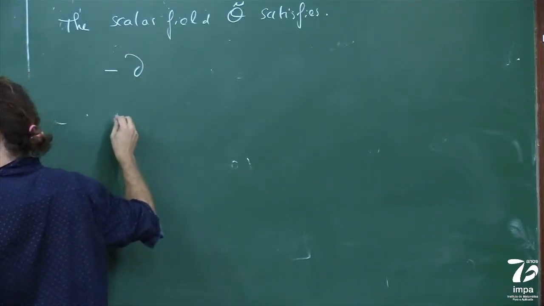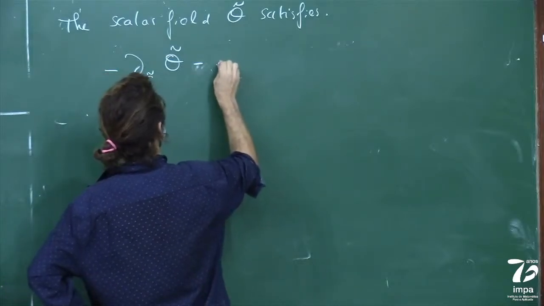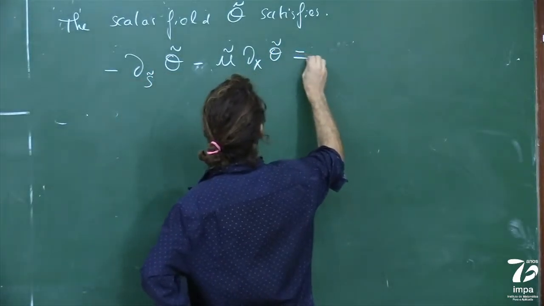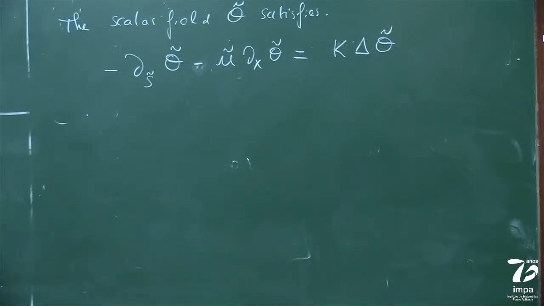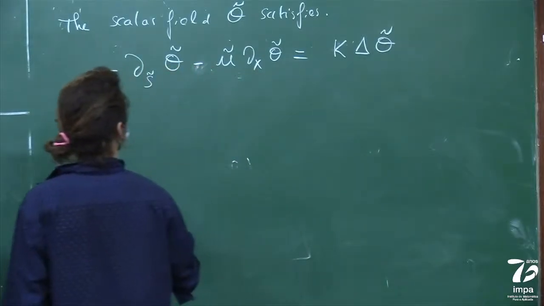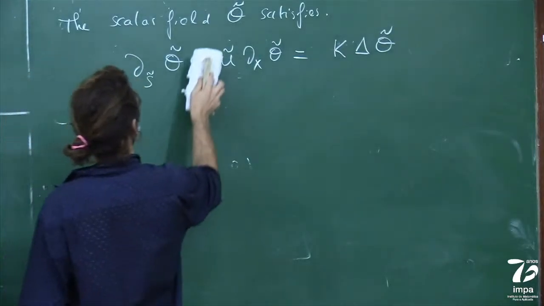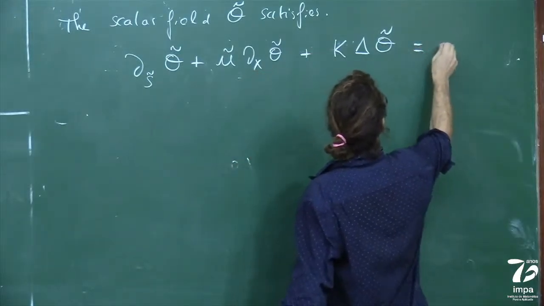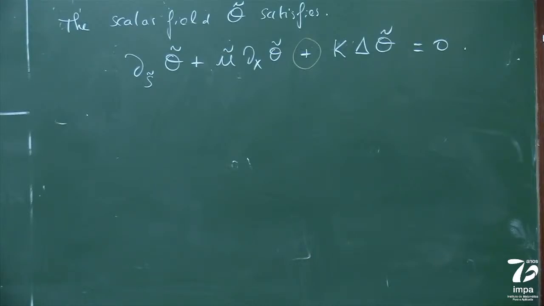It satisfies minus d of S tilde of theta tilde plus minus u tilde dx of theta tilde equal this guy. This is the key part, in fact. We can put everyone on the same side, so that we get a plus sign here. This is really the reason why we are doing that.